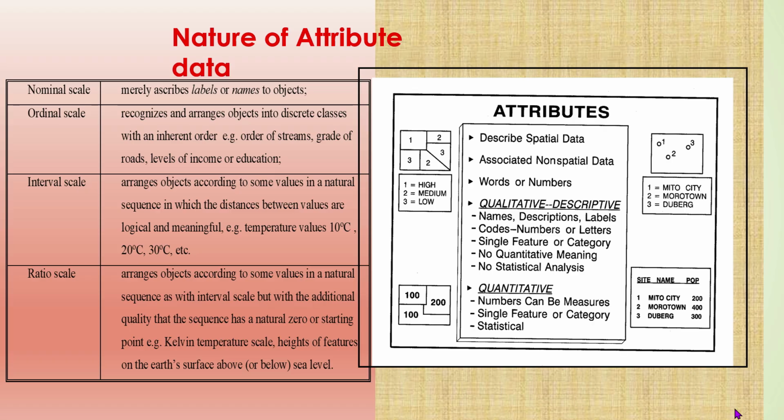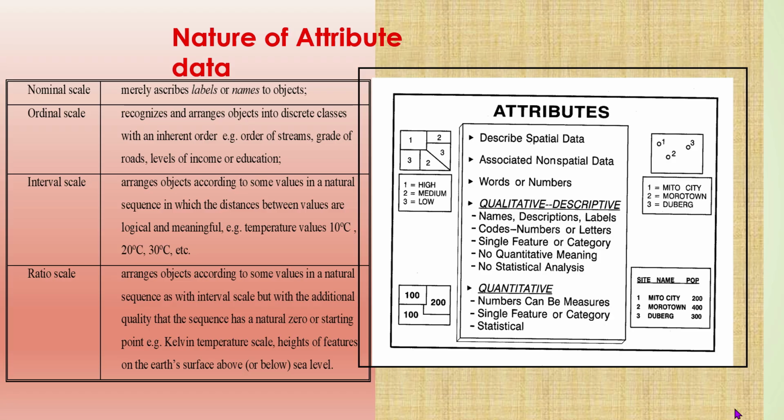For instance, you can have a temperature of 10 degrees centigrade and a temperature of 20 degrees centigrade. You cannot categorically say that 20 degrees centigrade is twice as hot as 10 degrees centigrade, but you can show that 20 degrees centigrade is higher than 10 degrees centigrade. So there are some forms of values attached to them, but they do not have mathematical meaning.